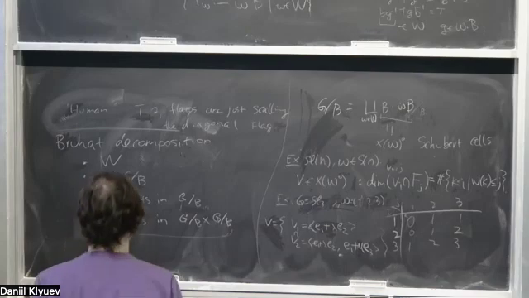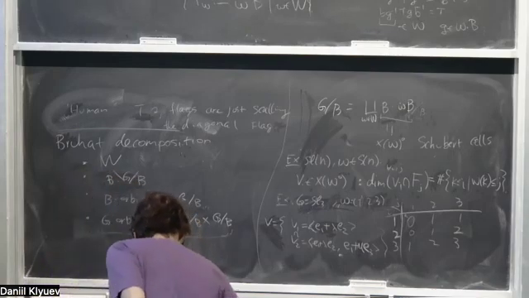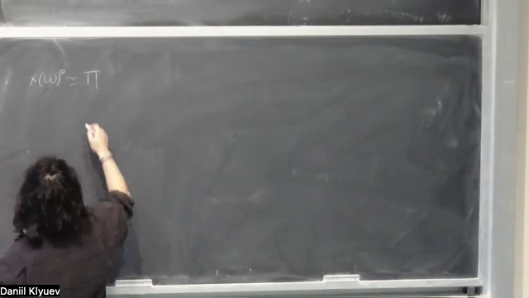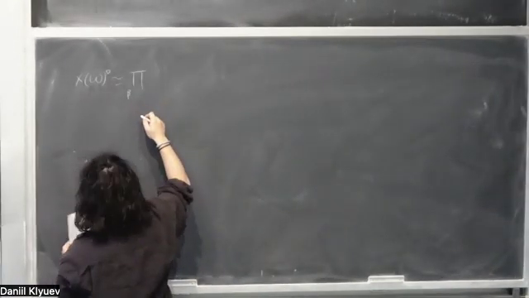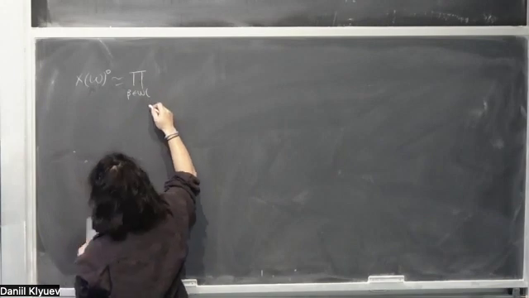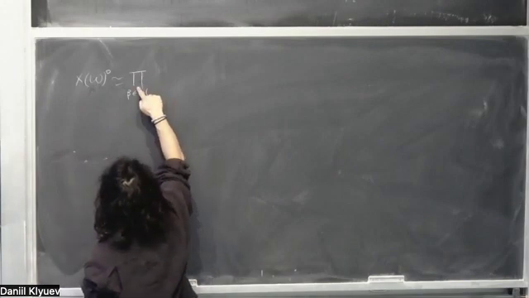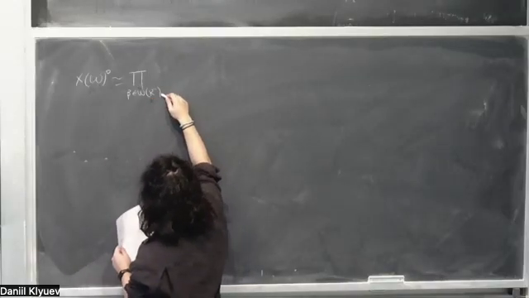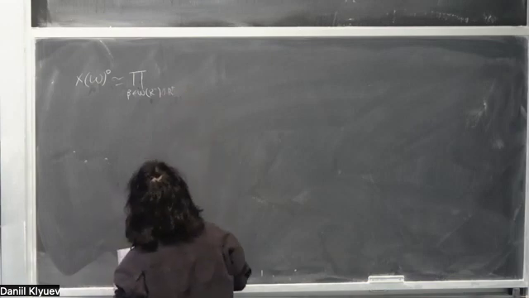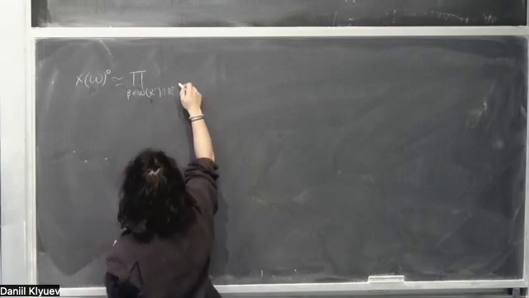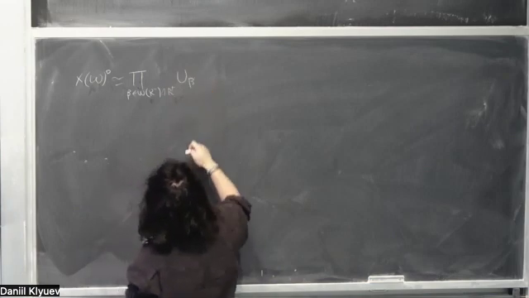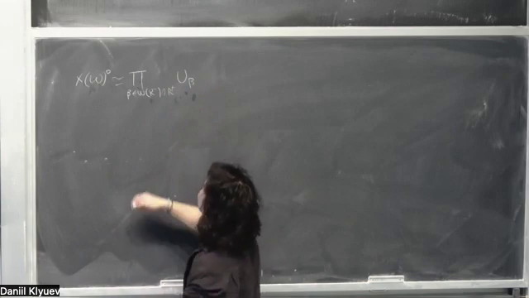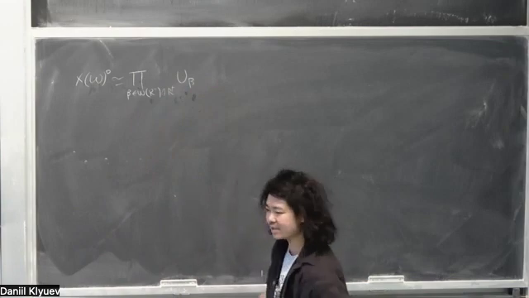This thing is going to be, from the Bruhat decomposition, a product over R minus, meaning the negative roots. U beta just means the unipotent subgroup corresponding to the beta weight space.